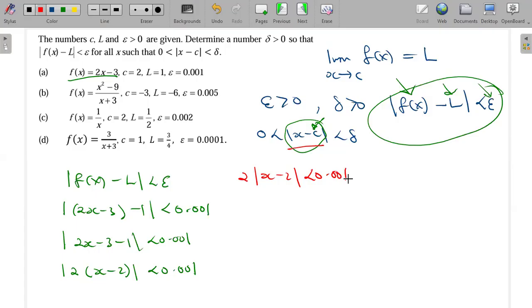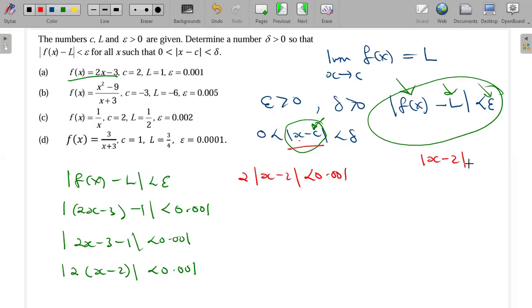So next, we just want to isolate that x minus 2, because it's looking like this form which we have. Here you see there's x minus the c. What is our c? Our c is 2 there. So when we replace, we are going to have x minus 2. But then in here, we can get that x minus 2.